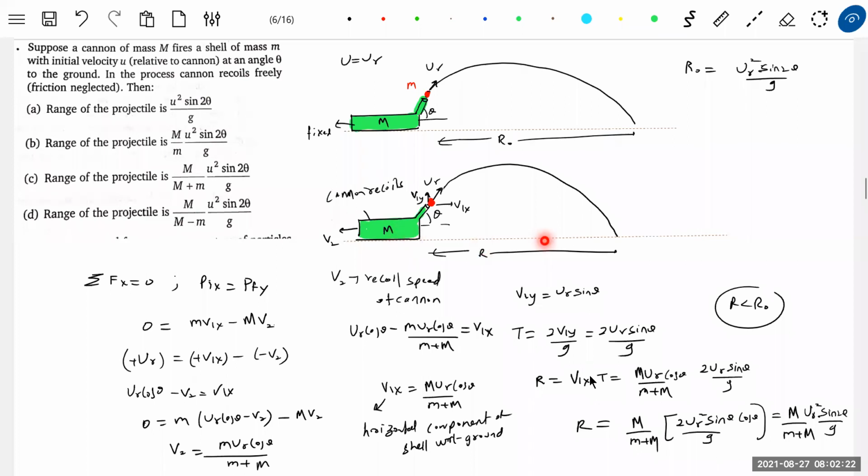So to have more range, the mass of the cannon should increase. If the cannon's mass increases, then transportation was the problem. The ones who had good cannons used to win the war. War is all about the weapons, no?